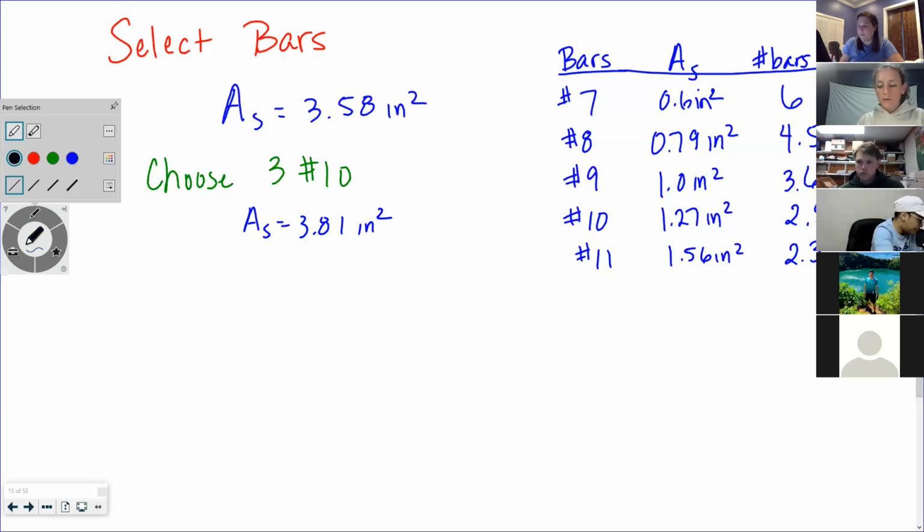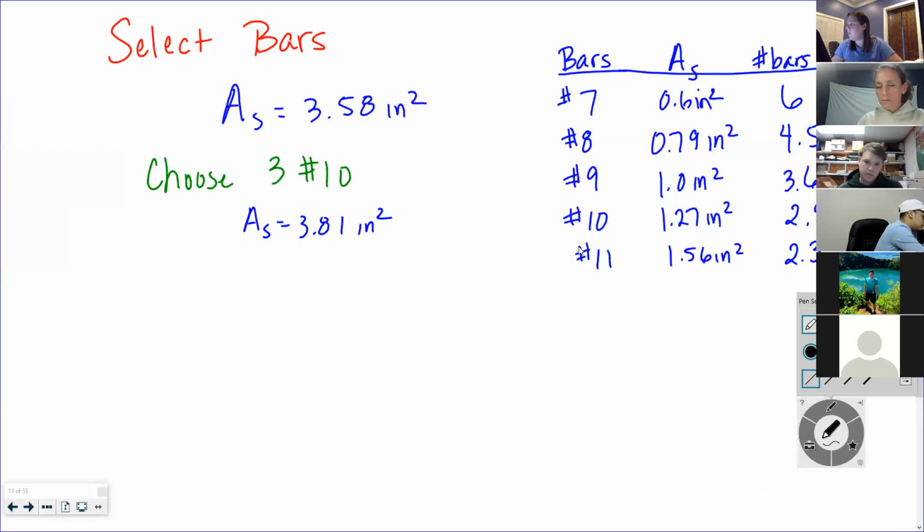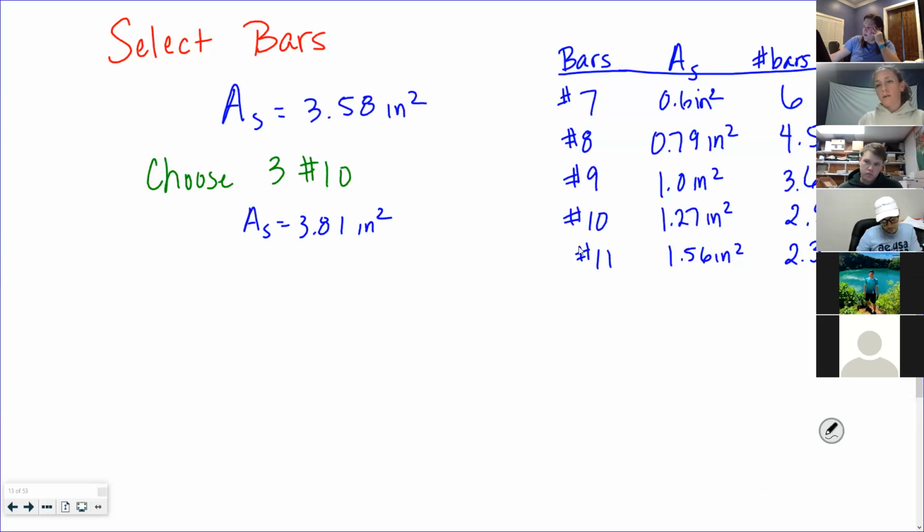Sorry, I have another question. On number 11s, since it would be 2.3 bars, would you round down to 2, or would you still round up to 3?